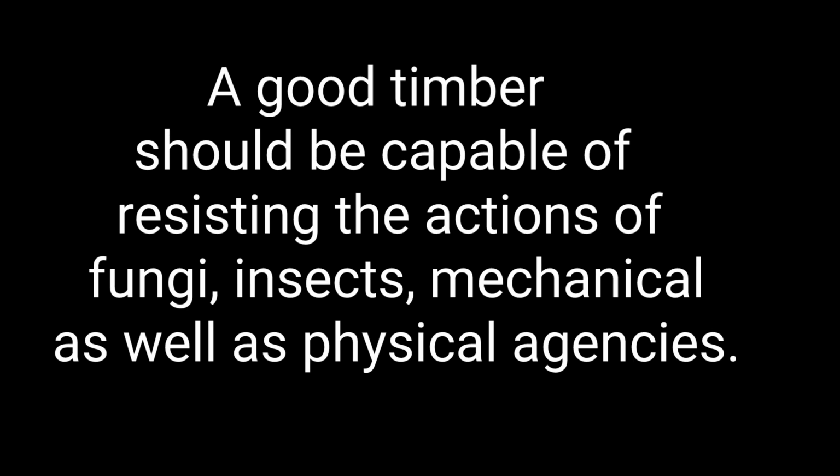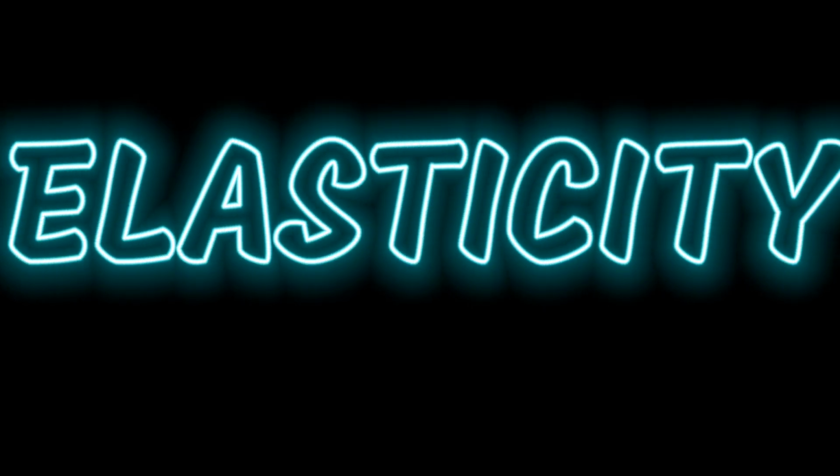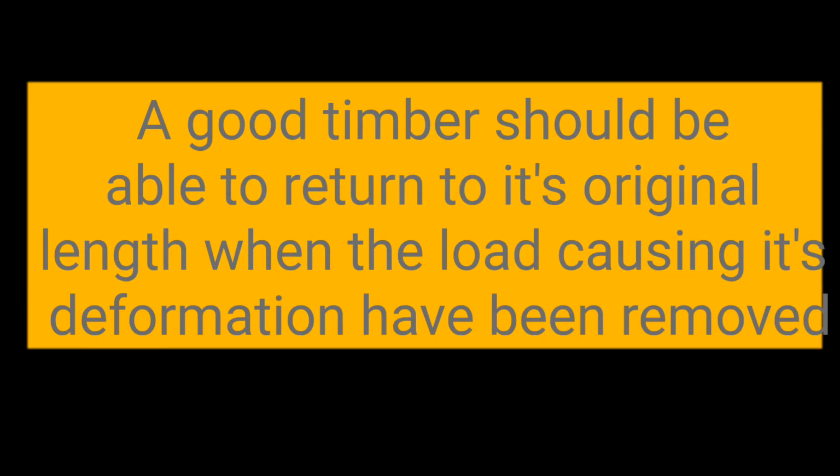3. Durability. A good timber should be durable. It should be capable of resisting the actions of fungi, insects, chemicals, physical agencies, as well as mechanical agencies. 4. Elasticity. A good timber should retain its original shape even when the load causing its deformation is removed. 5. Fibers.